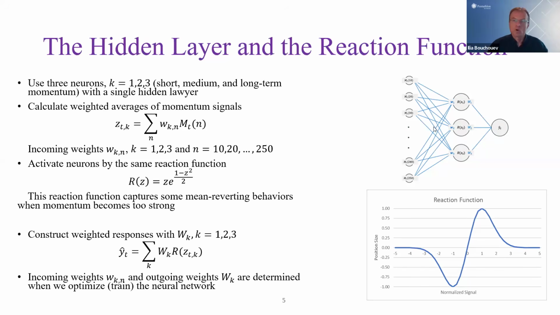We'll talk a little more about more complex neural networks later, but each neuron receives information from different momentum signals. Then each neuron assigns weights, W's, to each piece of information. Remember, we have 25 pieces of information. So each neuron has 25 weights, and we have 3 of them. So we have 75 connections total in that representation.